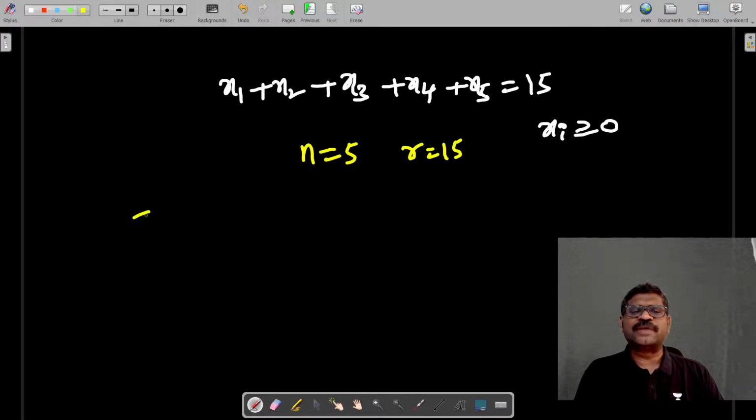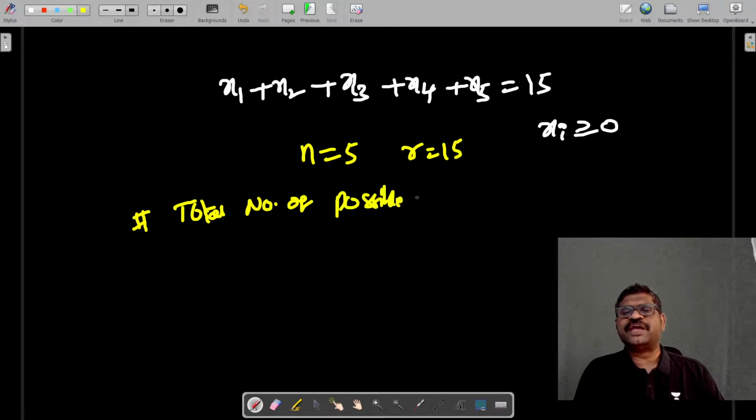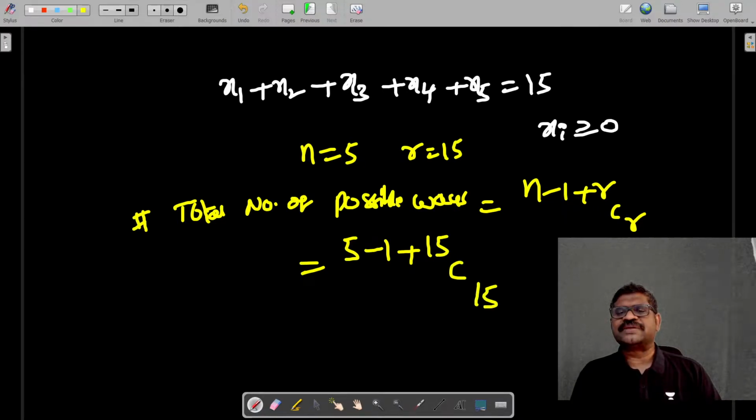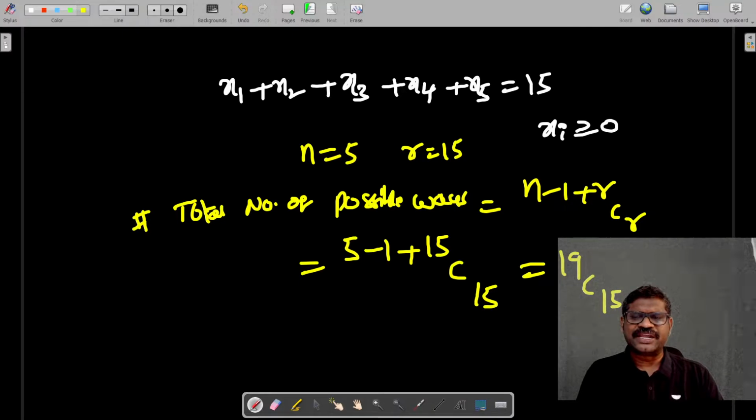The total number of possible ways is equal to (n minus 1 plus r)Cr. N value 5, 5 minus 1 plus 15, C15, that is 19C15.